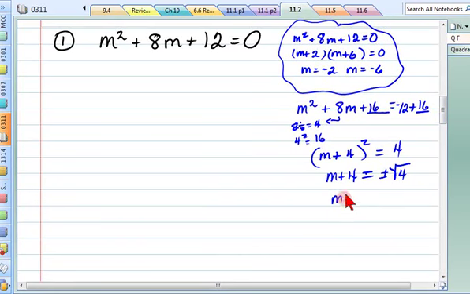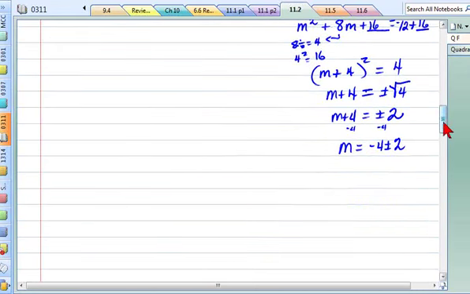That would be m plus 4 is equal to plus or minus 2. Subtract 4 from both sides, and I would get m is negative 4 plus or minus 2. What do I get when I take negative 4 plus 2? All right, negative 4 plus 2 gives me negative 2. Negative 4 minus 2 gives me negative 6.